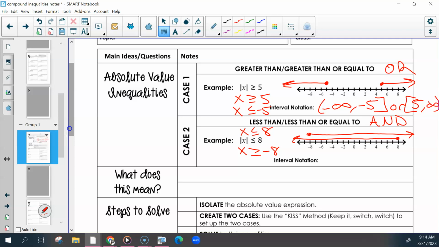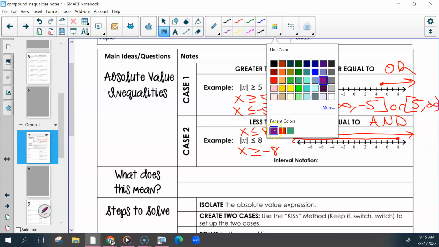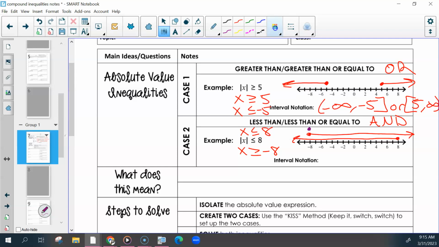So then this becomes an and because they overlap. So then our interval notation starts at -8, bracket, ends at 8, bracket.